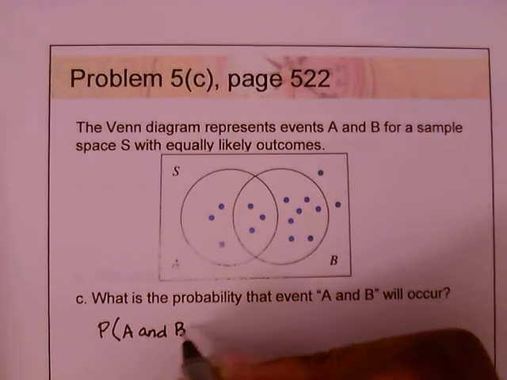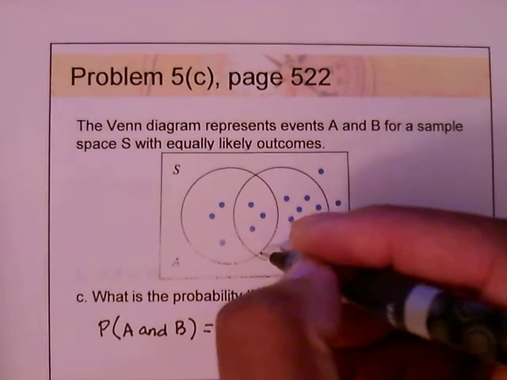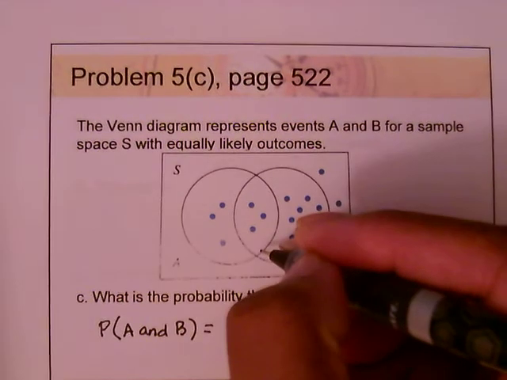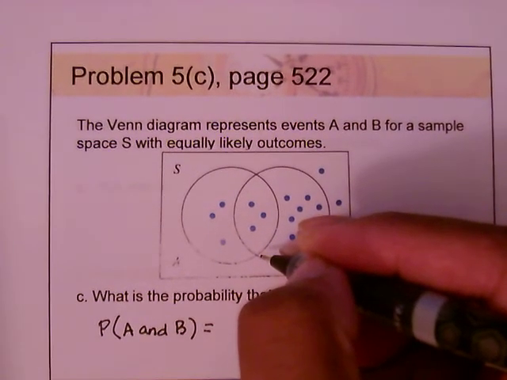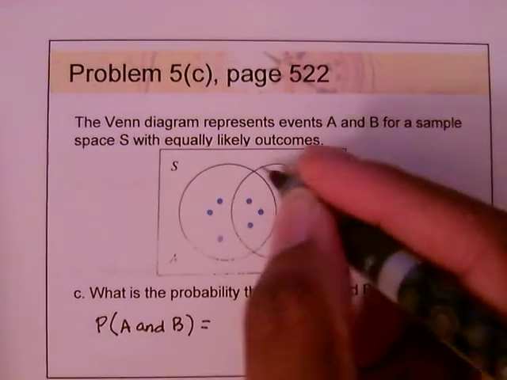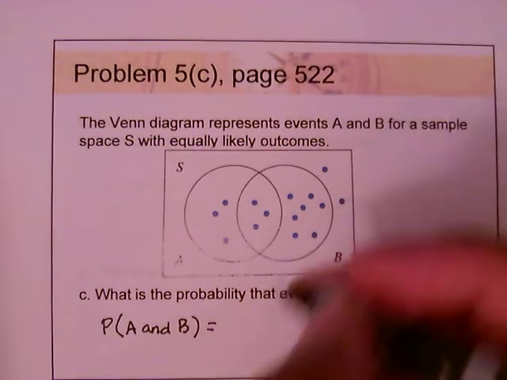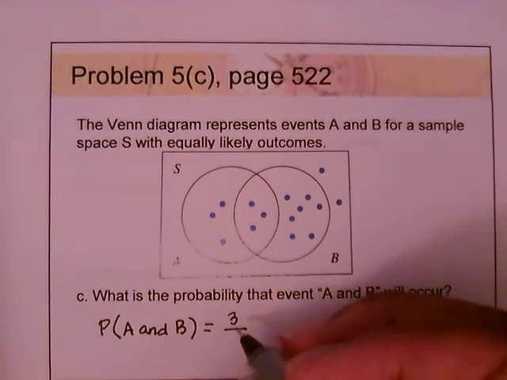Well, pretty much we don't have to do any math here, because if you look at this part right here, the intersection, which is like a football, that's the probability of event A and B occurring. And there are 3 dots in that intersection, so the probability of A and B occurring would be 3 out of 15.